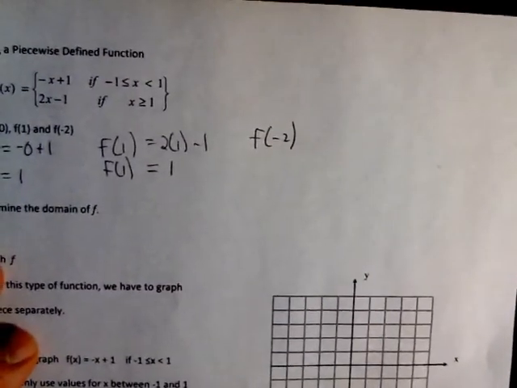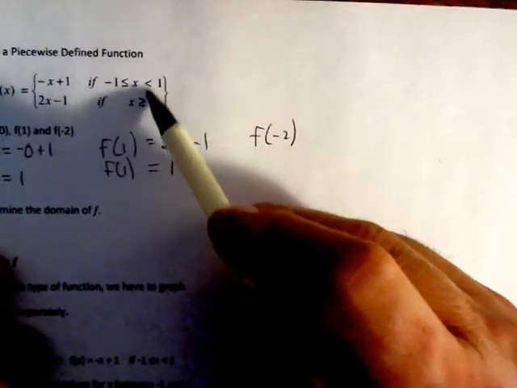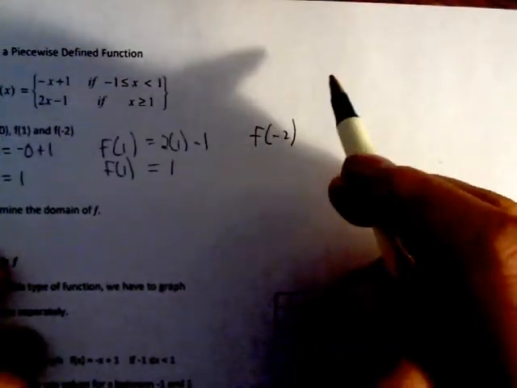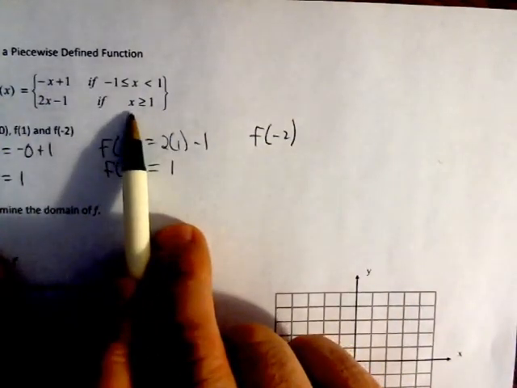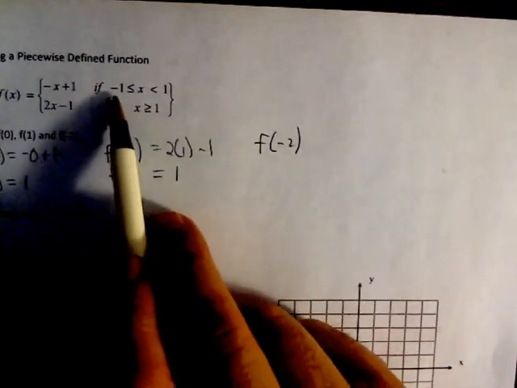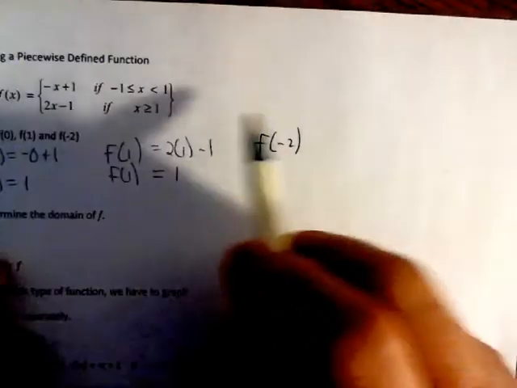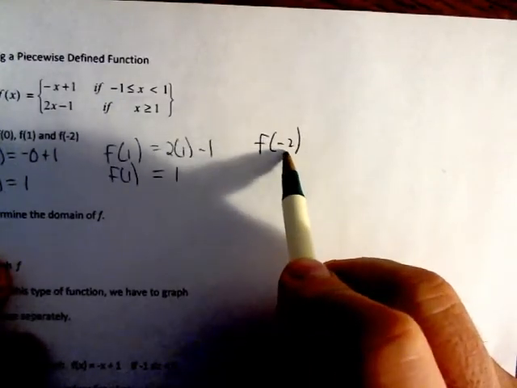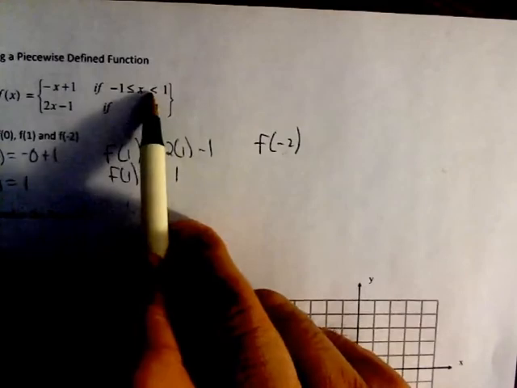The third one is f of negative 2. So if I look up here and ask which one can I use? Well, I know negative 2 is not bigger than 1, so I'm definitely not using this one. And you may think, oh, I have to use the other one. Well, that's not true, because this x still does not fall between negative 1 and positive 1.